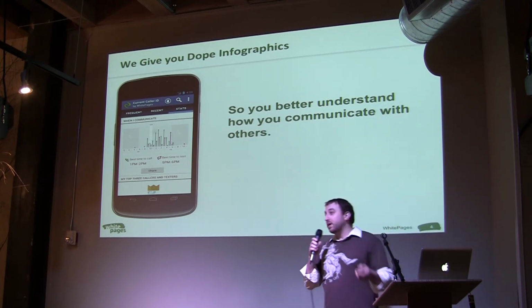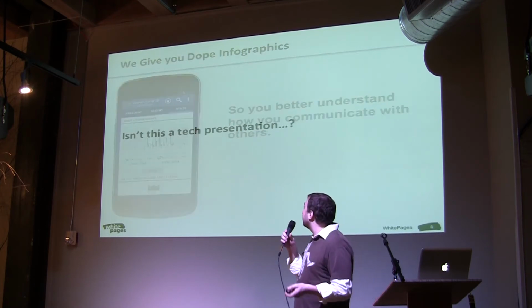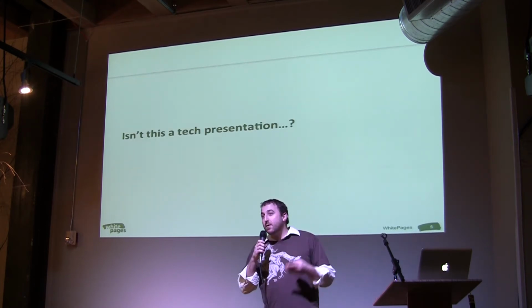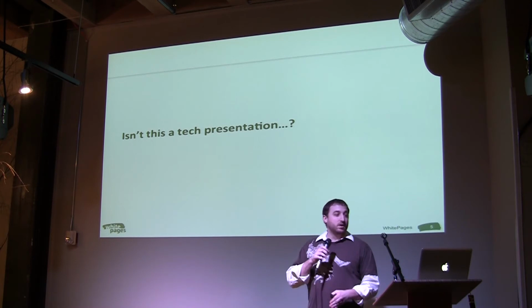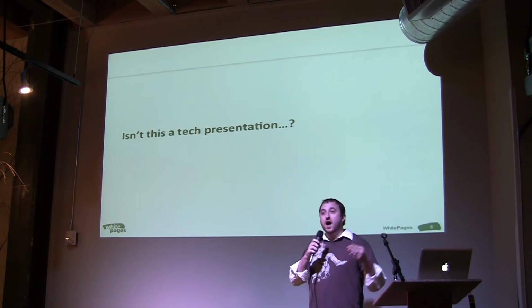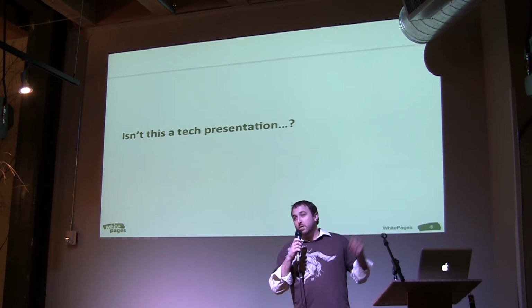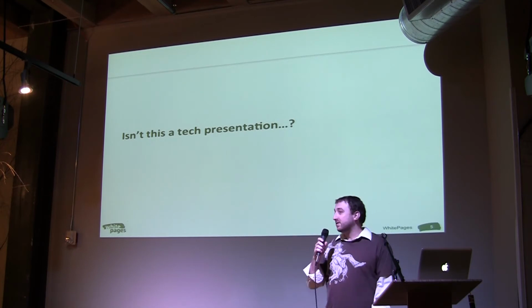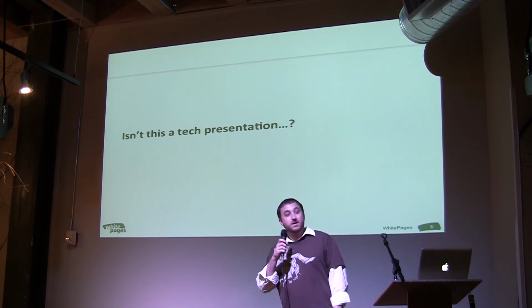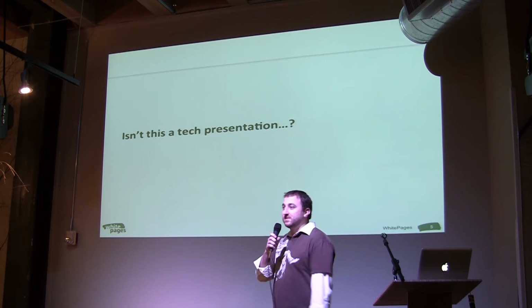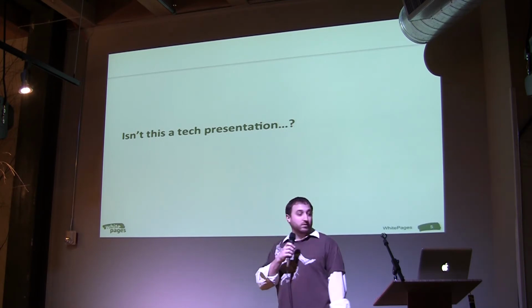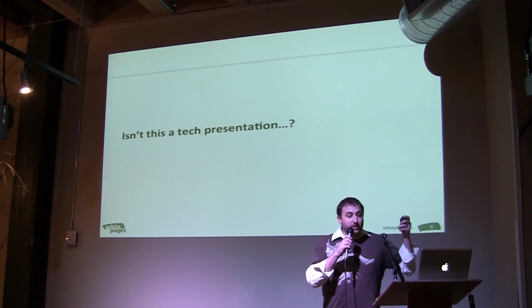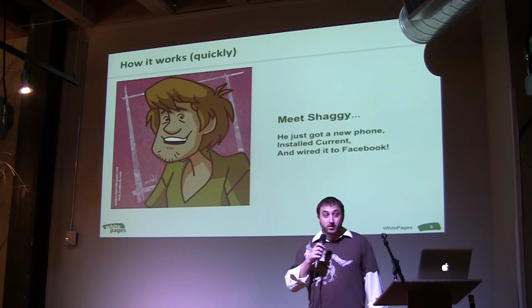So that's that. But I think this is a technical community, and I wanted to give you a quick overview of some of the technology behind Current, which powers 1.7 million users, processes 17 million calls a day, and keeps 160 million social profiles up to date. So here is Shaggy.